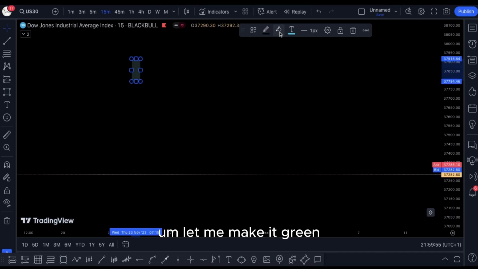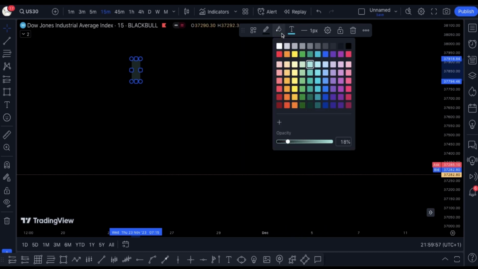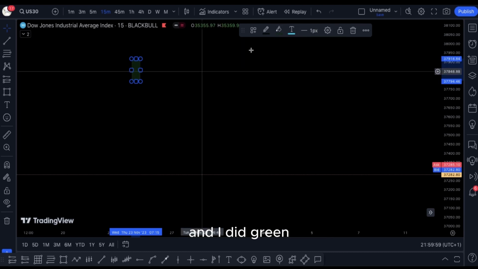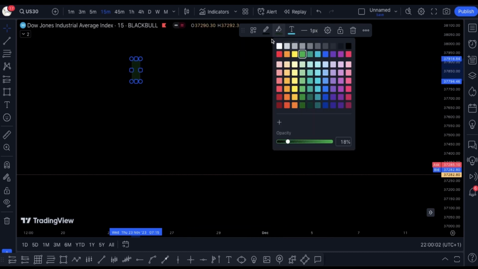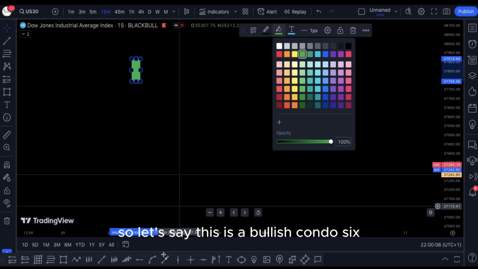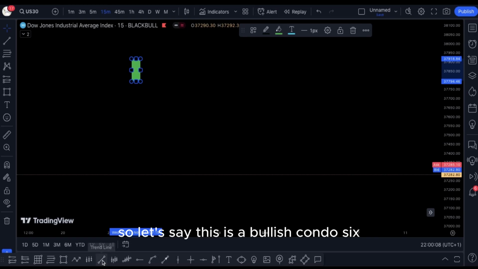So right now, for example, we have some candlesticks. Let me make it green. Very thick green. So let's say this is bullish candlesticks.